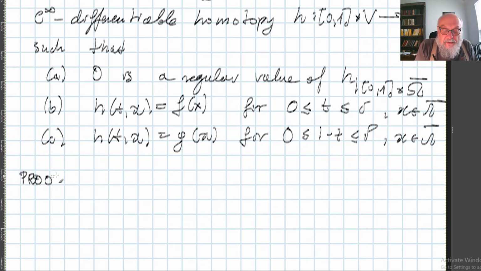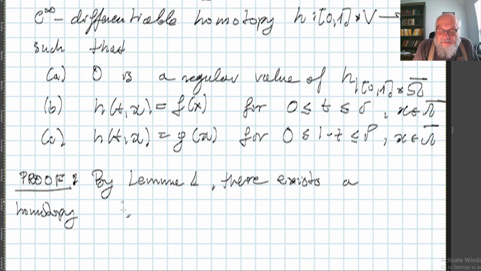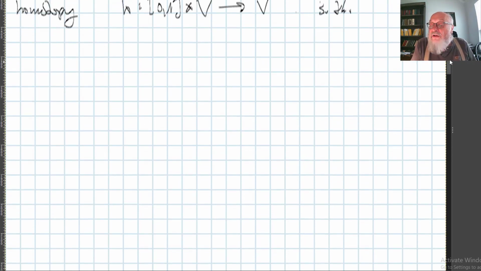So put it like this: proof, and let's continue. So by lemma number 1, there exists a homotopy, and we have this H tilde from 0, 1 times V to V, such that, now let me write these conditions.